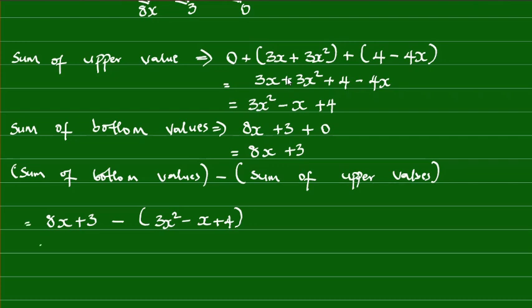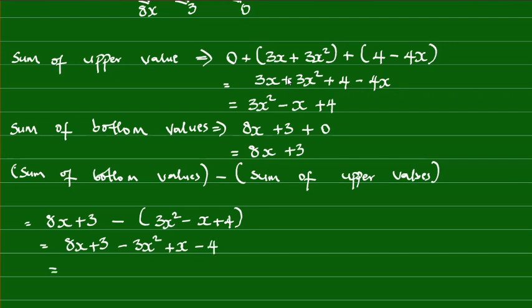All right, proceed. We have 8x plus 3, minus times 3x squared, we have minus 3x squared, minus times minus x, we have plus x, minus times plus 4, we end up having minus 4.